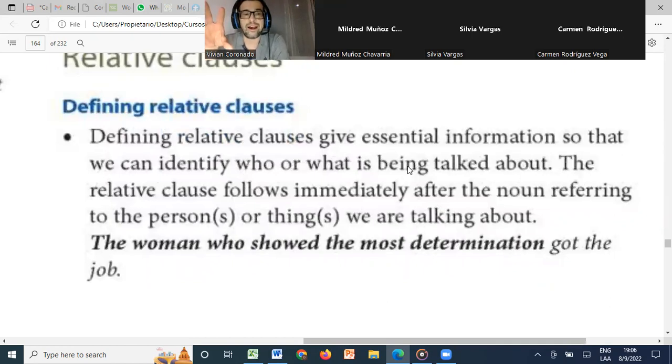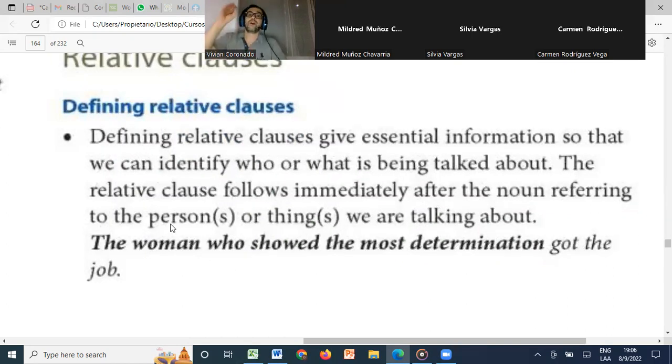So when we are defining exactly, defining relative clauses are going to be talking directly about the person, right? And this is the most important thing, gives what? Essential information, right? So for example, I say the woman who, this who is talking about who? This who is talking directly about the woman, right?